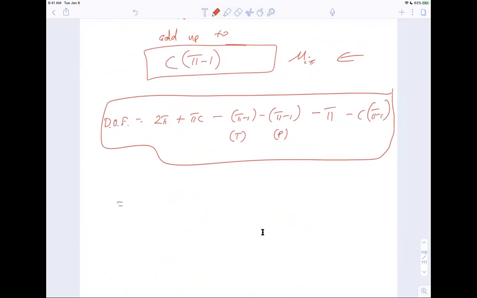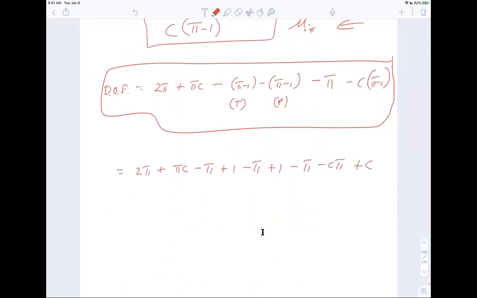Can anyone do the algebra here? This will be the last concept for today. 2 pi plus pi C. Let's see, minus pi plus 1, minus pi plus 1, minus pi, minus C pi plus C. Let's see what that gives us.